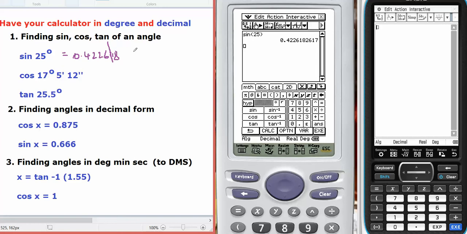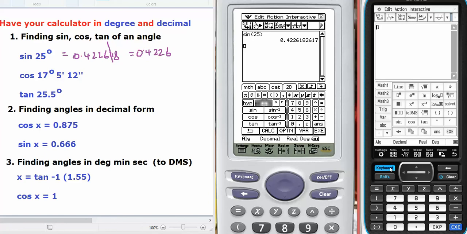The 1 is small, therefore it equals 0.4226.